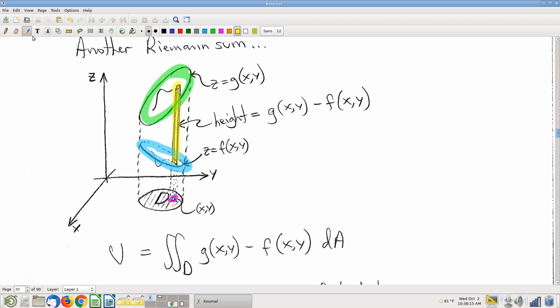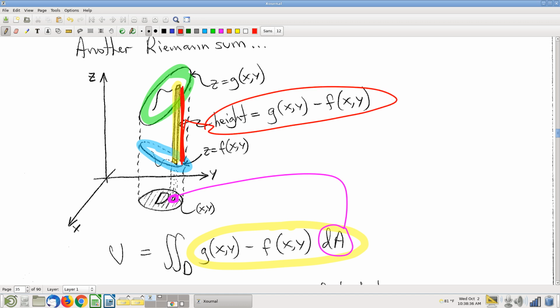The volume, that little piece of volume, is this area times this height. And I think it's a pretty easy sell that height is g minus f.